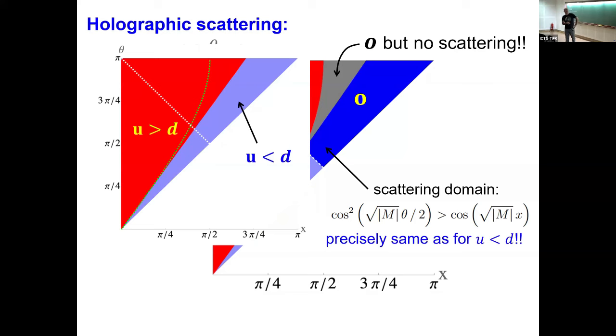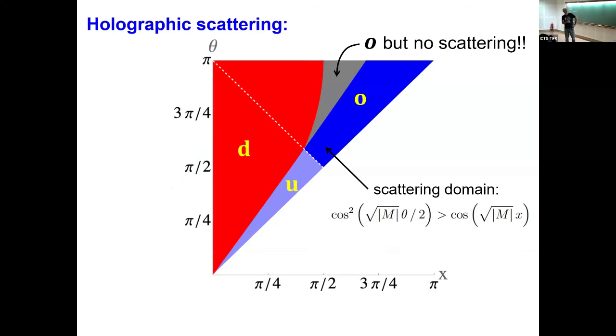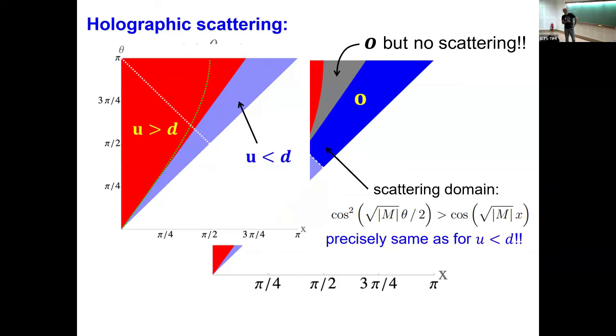And that boundary that is defined here is given by some formula like that. But it turns out that that boundary is precisely the same boundary we found when we were comparing the disconnected phase with the U phase. You can see that the two pictures look somewhat similar, that there's just this region near the theta equals x line that contributes.